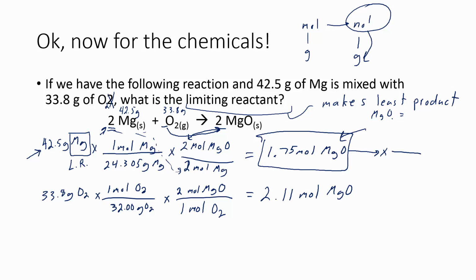So 1 magnesium and 1 oxygen adds up to 40.305 grams per mole. We want grams now, so those go on top.